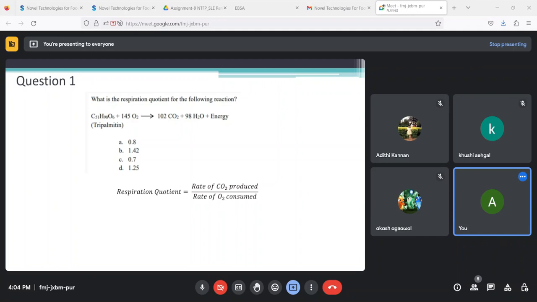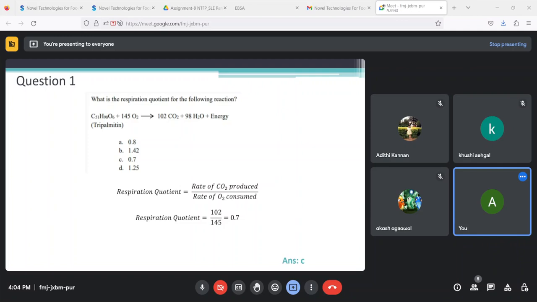It is already given that for every 145 moles of oxygen consumed, you have 102 moles of carbon dioxide. So you just have to substitute it in the formula. Respiration quotient is equal to 102 moles of carbon dioxide divided by 145 moles of oxygen, which gives you a respiration quotient of 0.7. So the answer is option C.